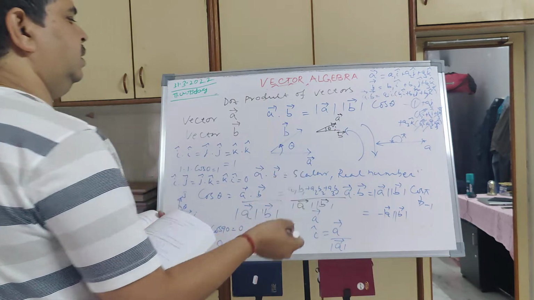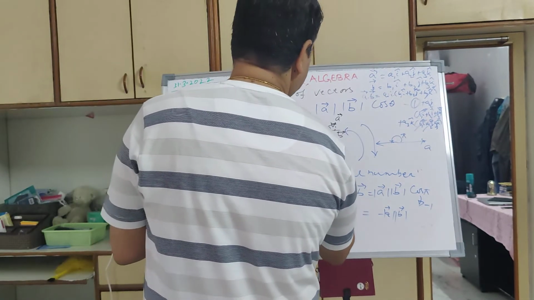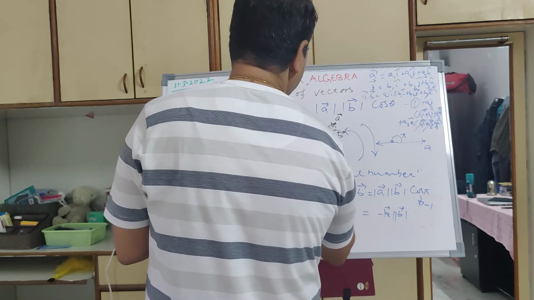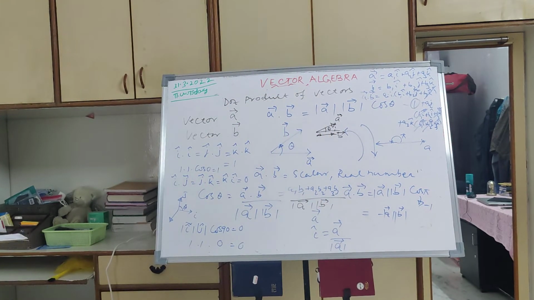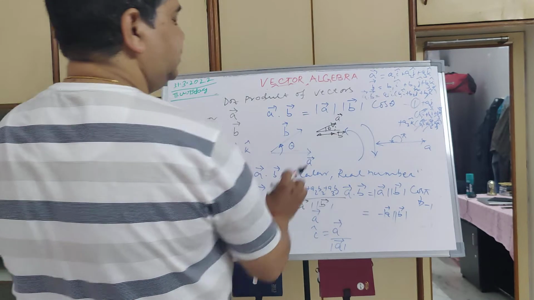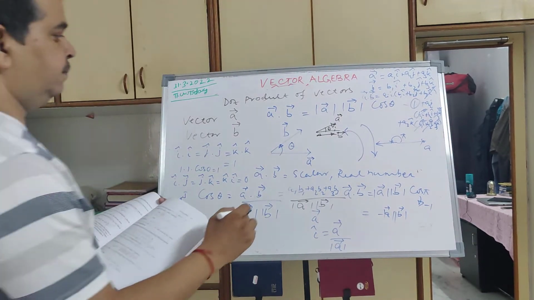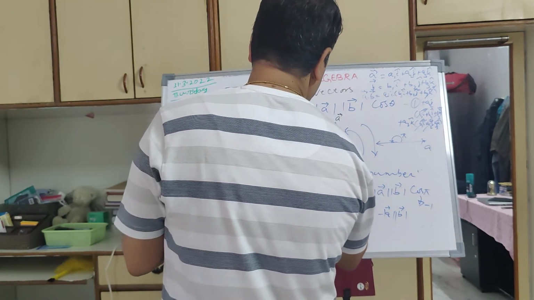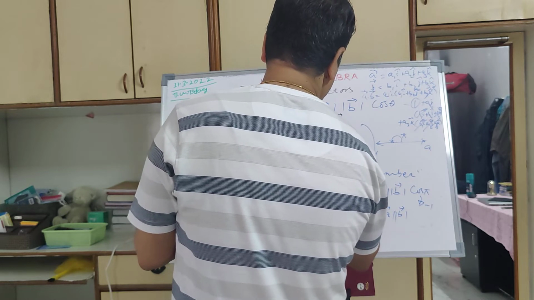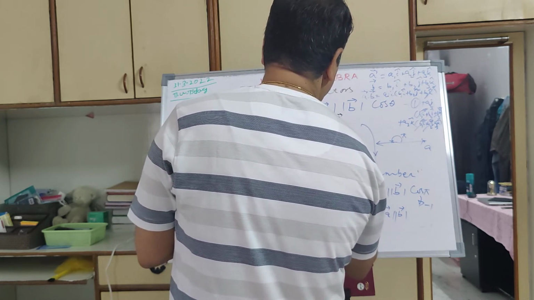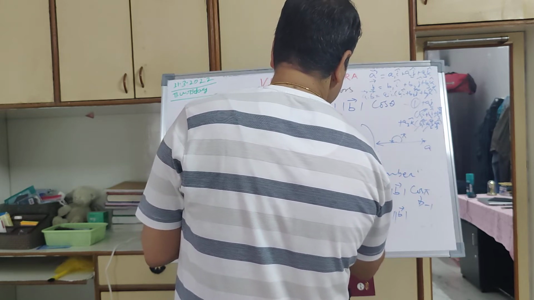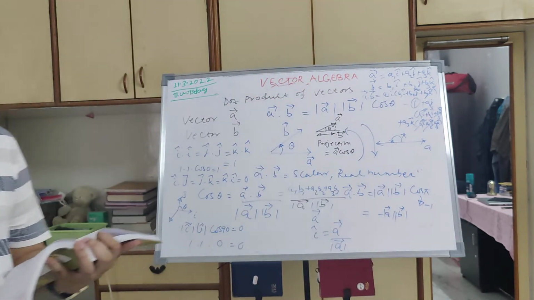Projection of A on B is this value, the dotted line. So projection is you draw a perpendicular and find out what is the value. So that projection of A on B is nothing but A cos theta.